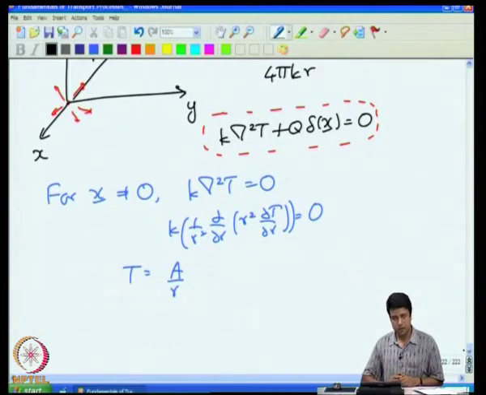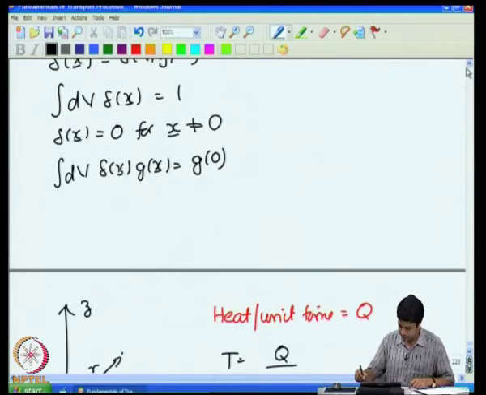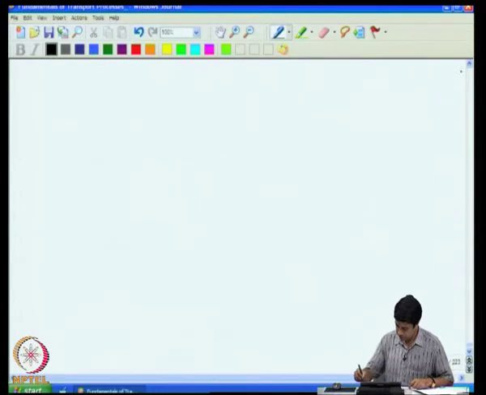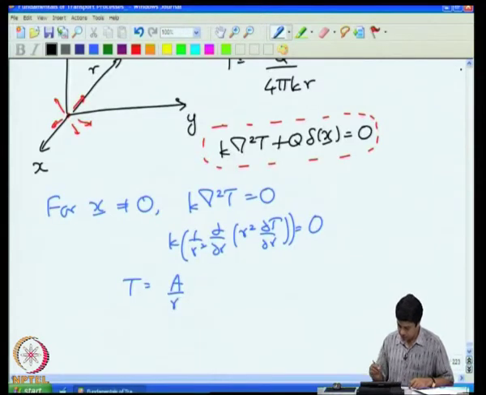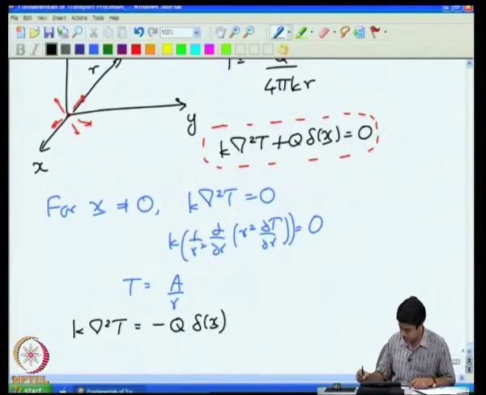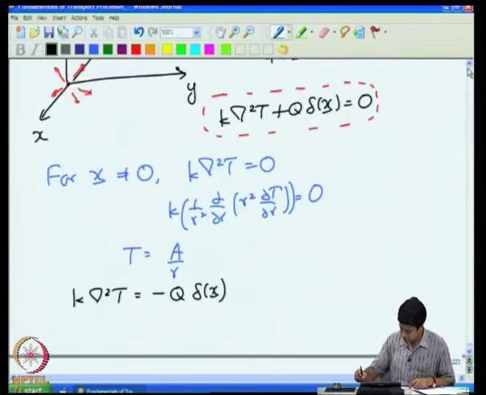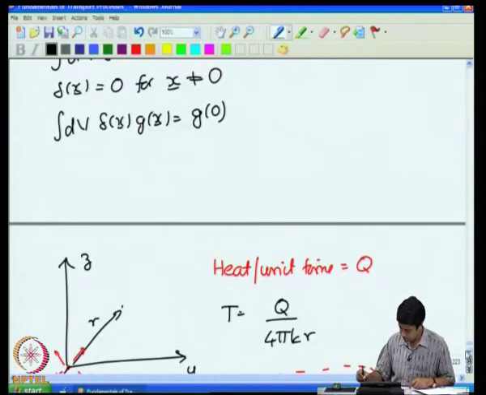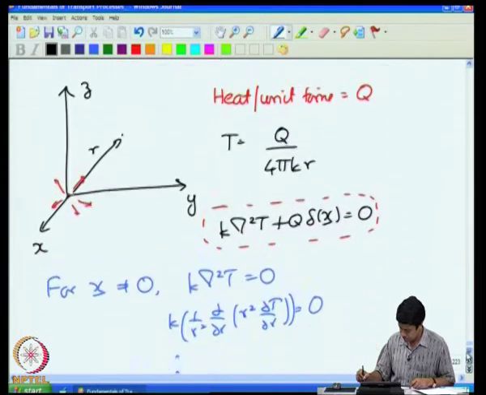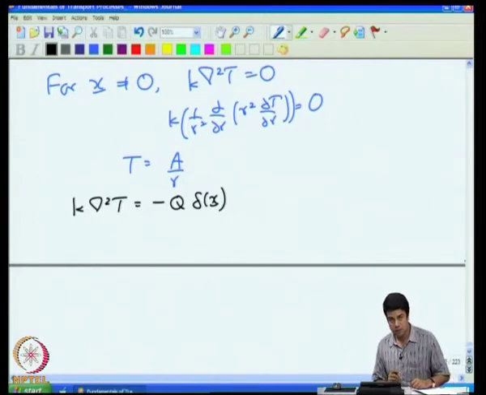How do I relate this constant to Q? It can be done in the following way. I have K del square T is equal to minus Q delta of x. Now, delta of x is non-zero only when x is equal to 0.